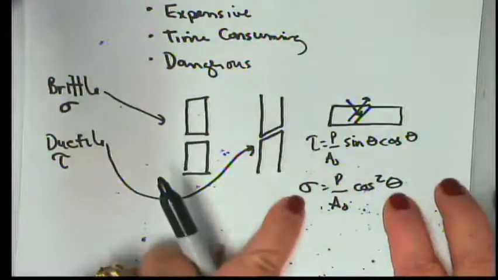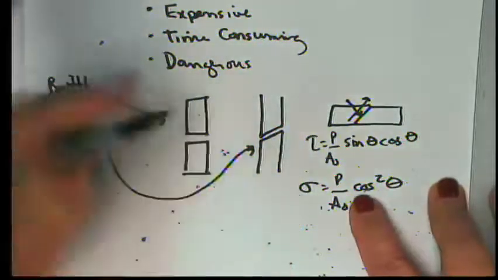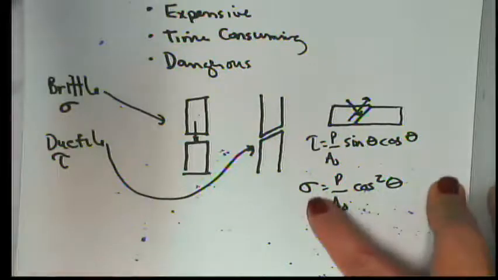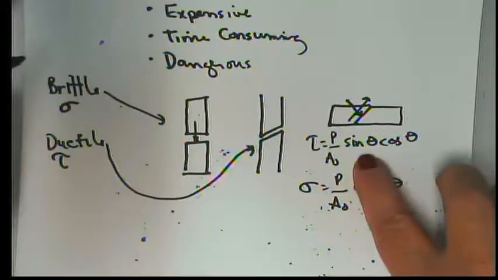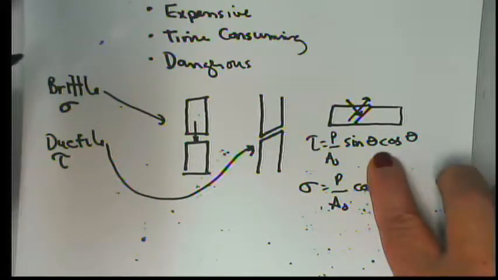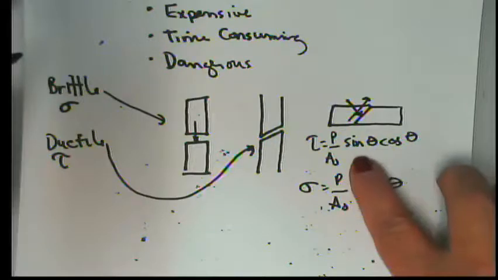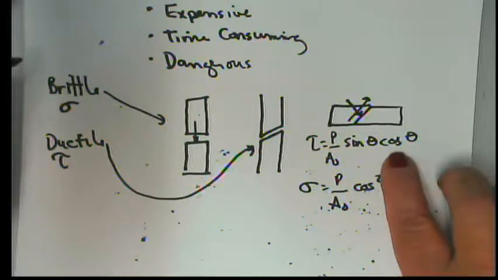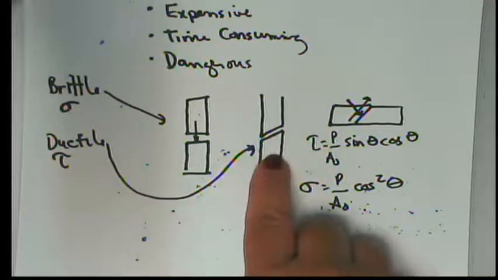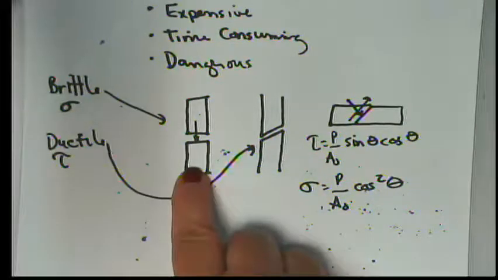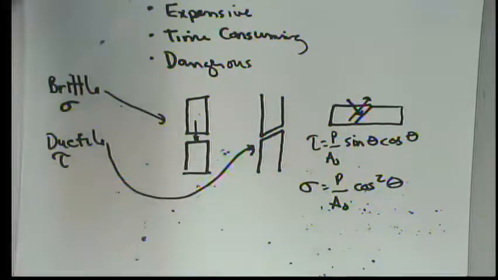Well, what that indicates, because the cosine of 90 degrees is 1, is that you're going to have a maximum sigma at 90 degrees. When you do the math on this and you take the first derivative of this expression and set it equal to 0 to find a max or min, you'll find that the max occurs at 45 degrees. So this indicates a failure in sigma. This indicates a failure in tau. This indicates a failure in sigma. And if you're in between, it's failing in some combination.